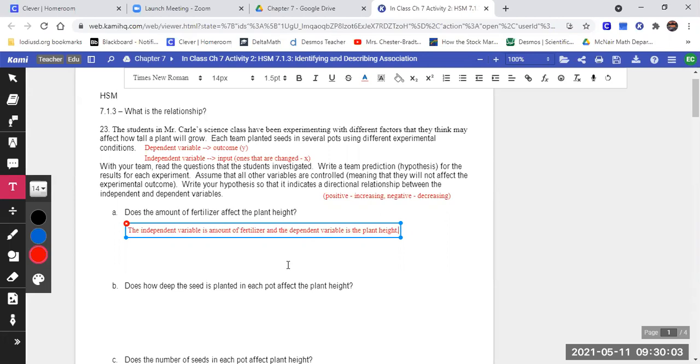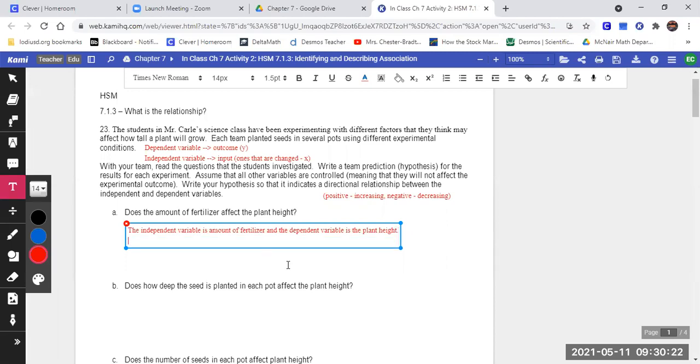Well, you guys know what fertilizer is, right? Okay, that's plant food, right? So we think that the plant is going to grow bigger the more fertilizer we add, but we have to do it in independent affecting dependent variable.